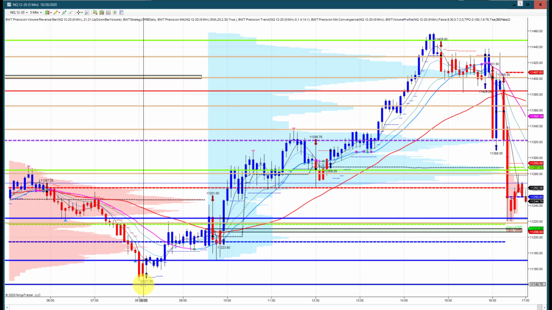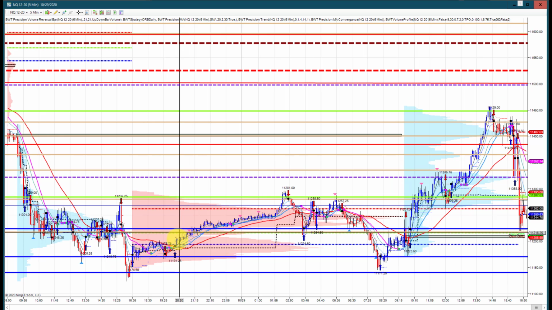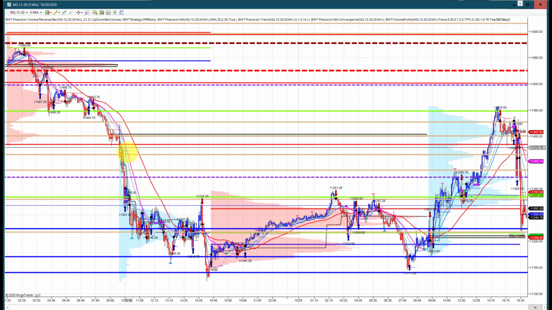This came near this level here that was drawn some time back, kind of consolidated here, came up here. Actually, this is the overnight session, and this is yesterday. So here's yesterday's high, and this is green because it was a point of control from a couple sessions back.